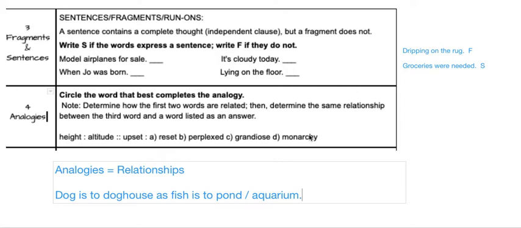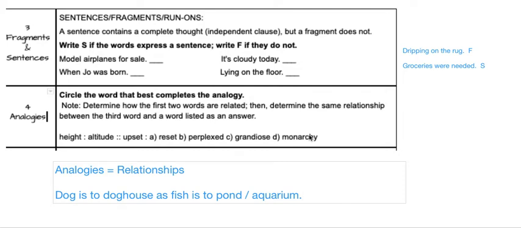Now, here's where it gets a little tricky. We're throwing some vocab at you here. You've got to know what those words mean. Okay? So do a little looking if you have to. I'll give you a clue. Altitude, usually when we hear that, we talk about a plane flying at a certain altitude.